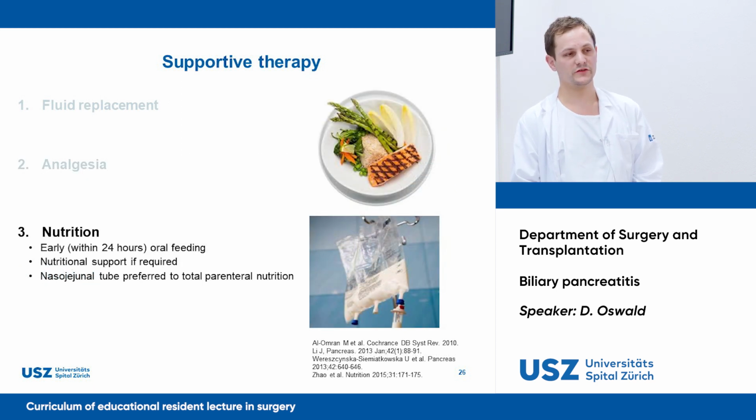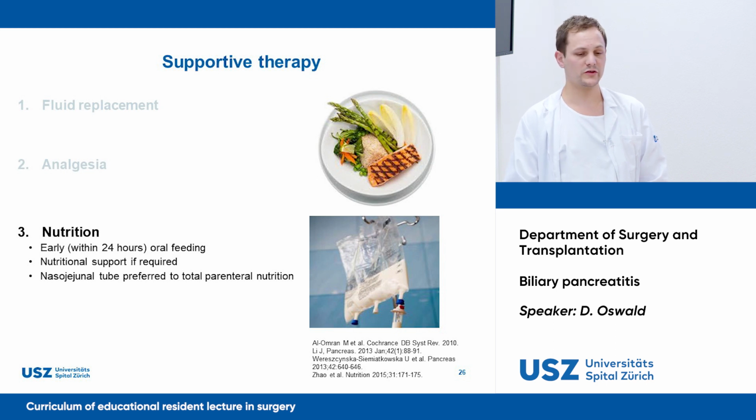The third point is nutrition. Patients with mild pancreatitis can often be managed only with hydration, and early oral feeding within the first 24 hours as tolerated with a low-fat diet is recommended. Sometimes you need nutritional support.